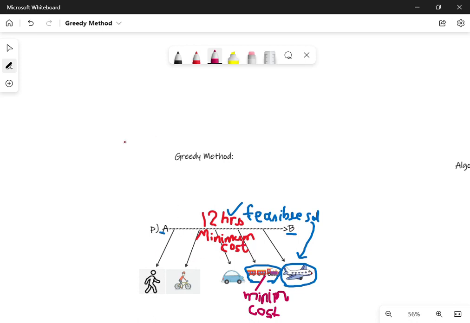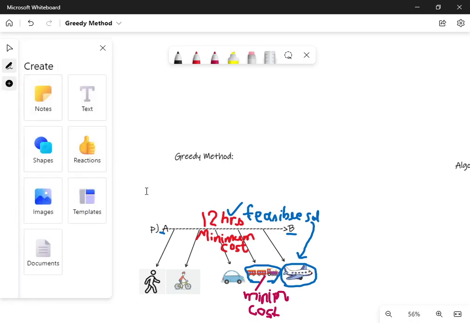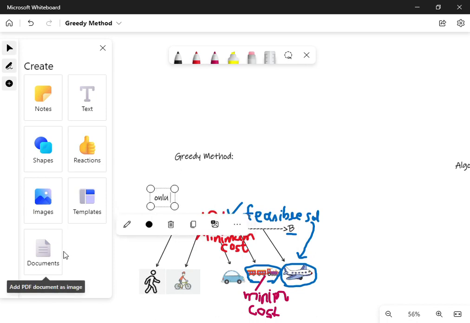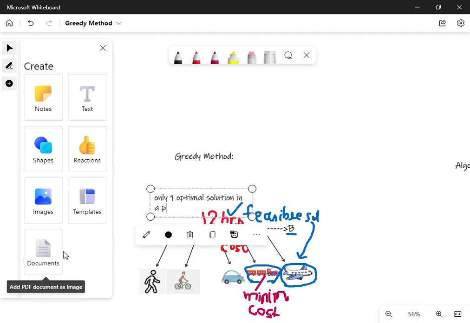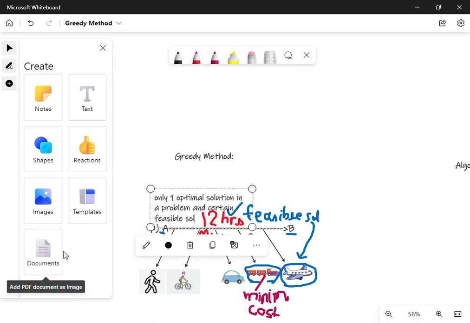Let me tell you one thing, there can be only one optimal solution in a problem, and more than one feasible solution in a problem.